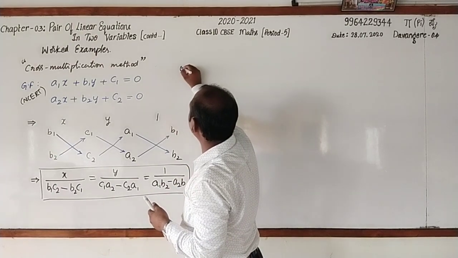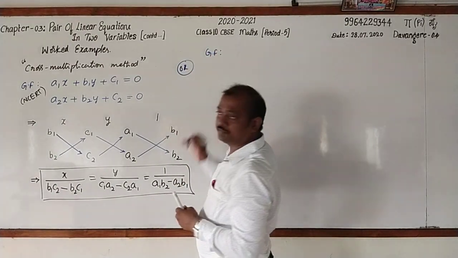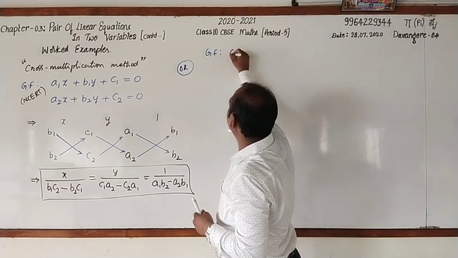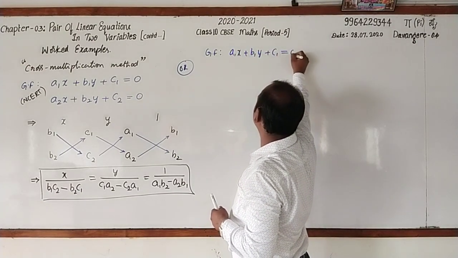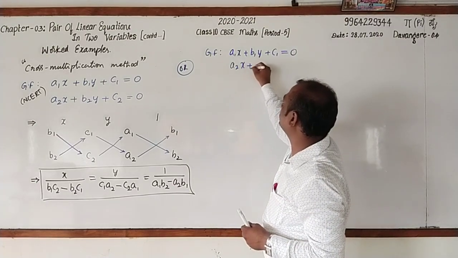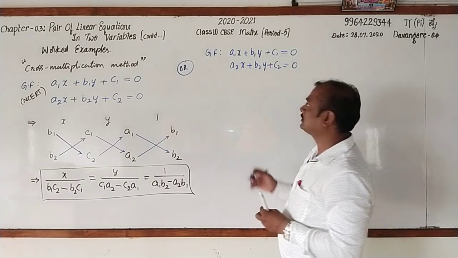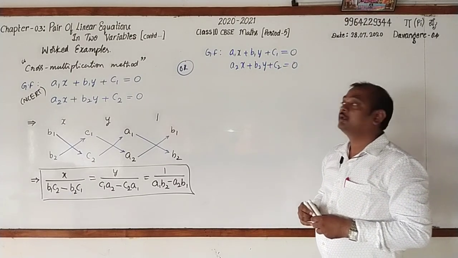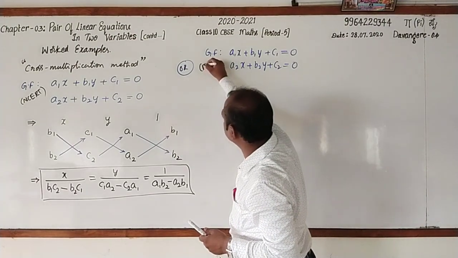Observe it. Here again I will write the general form. This is a1x plus b1y plus c1 equal to 0. And second equation a2x plus b2y plus c2 equal to 0. Next, here I am following the reference.